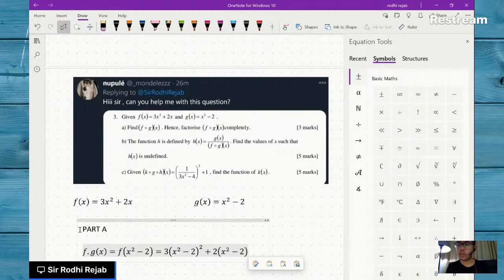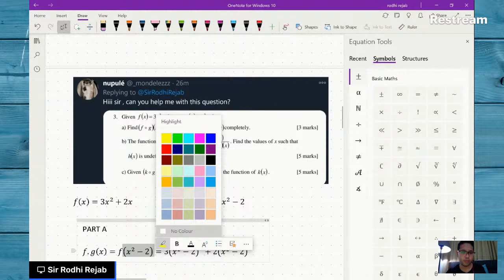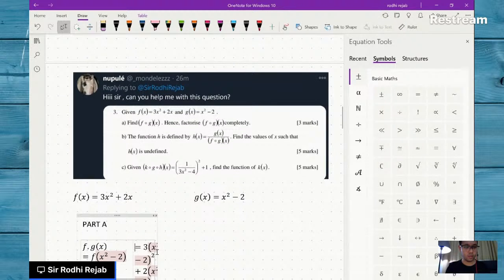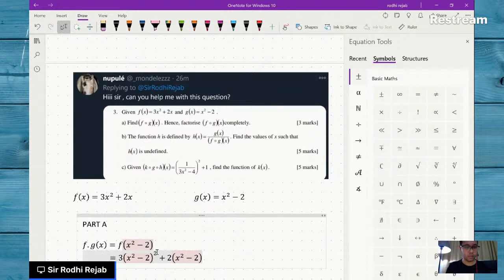No, sorry, Nurul Shuhada. Do you want me to solve everything or just C? Okay, you need to see this one, the context that this is the x. So this is the x and this is the x. Oopsie. Okay, so we got that.